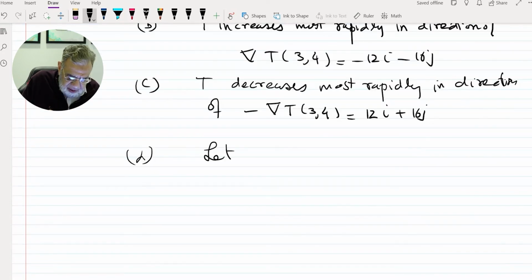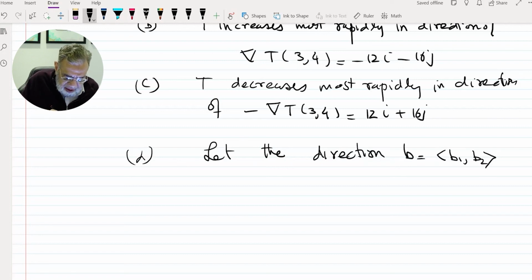Let the direction be a vector b with components b1 and b2. We want to find b1 and b2. The idea is that the directional derivative of the function at the point (3, 4) in the direction of b must be equal to 0.